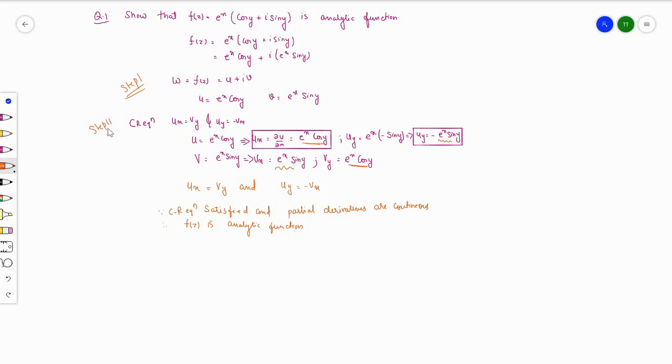You have to write the CR equation. What is your step number 3? You have to find all partial derivatives, that is ux, uy, vx and vy. And step number 4, you have to check whether the CR equation is satisfied or not. And step number 5, f of z is an analytic function.